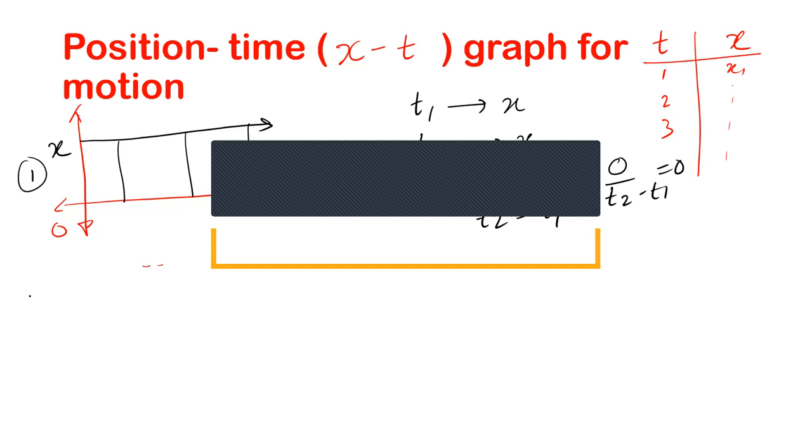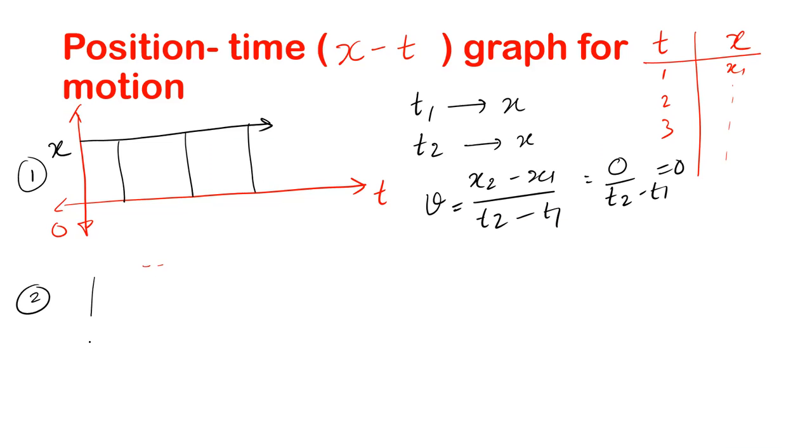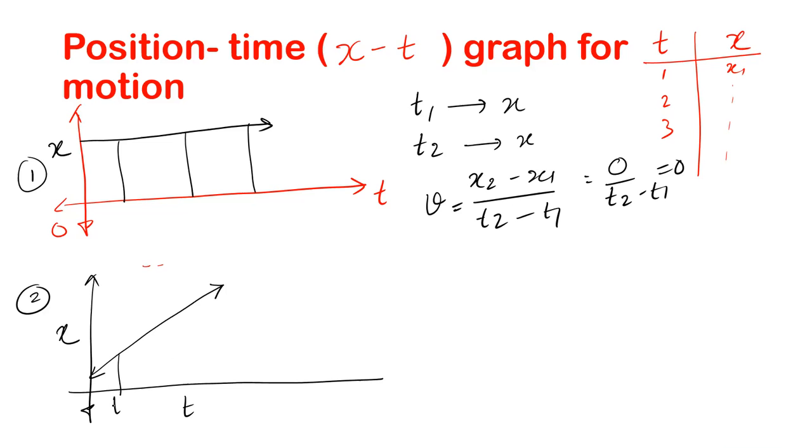Now, case two is, suppose you have a situation where the displacement is changing in this fashion. So you can see that displacement with respect to time is a straight line, where you can say initially at t1 the displacement was some x1, and then after t2 time the displacement has increased to x2.